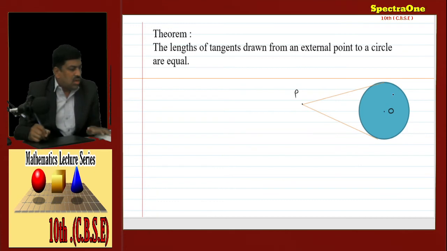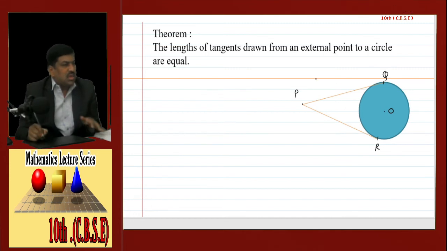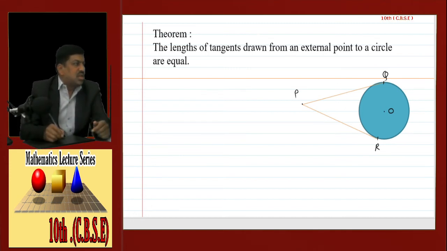O is the center of the circle, and this is the point Q. PQ and PR are the two tangents drawn from the external point, and we have to prove that.